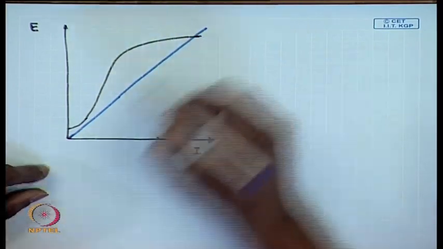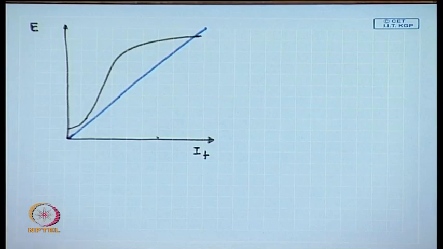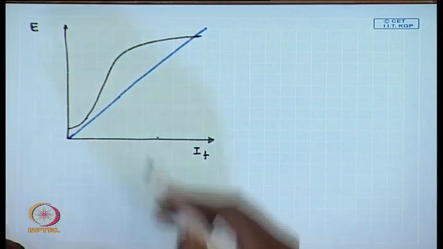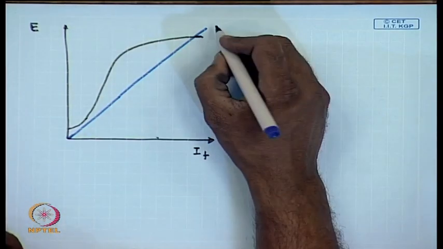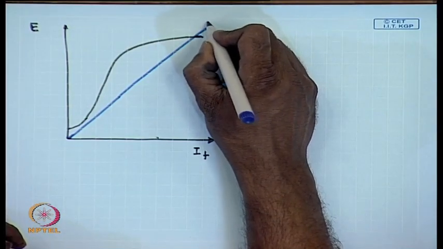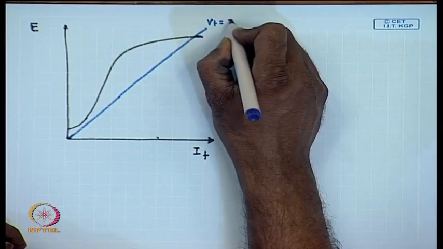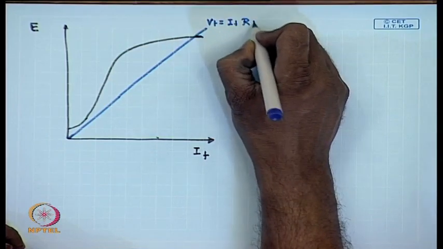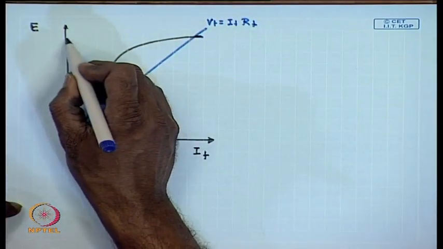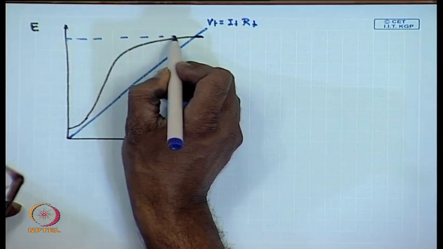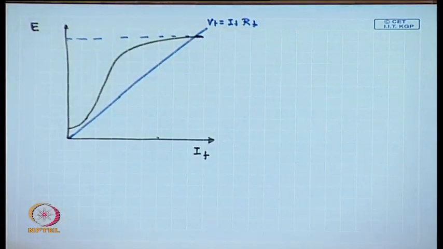This is the field load line. So, at no load, the terminal voltage is approximately given by this value.